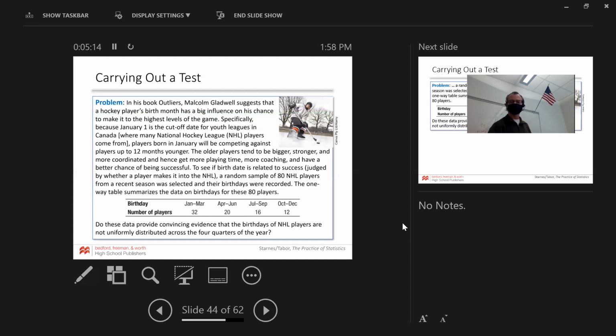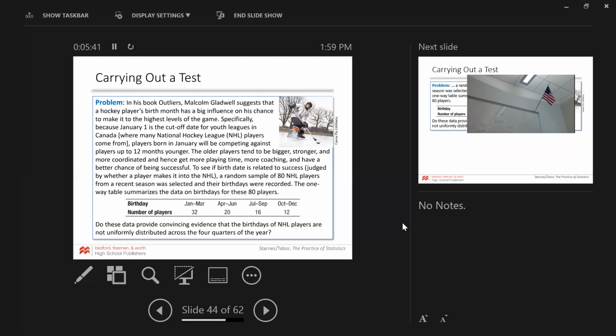So here's the other example. You have these hockey players, and they make it to the NHL. And they take 80 NHL players, and they ask them when they were born. And they break the calendar down into quarters. 3 months, 3 months, 3 months, 3 months. So you would expect that this would be a uniform distribution, that you would have 20s across the board.